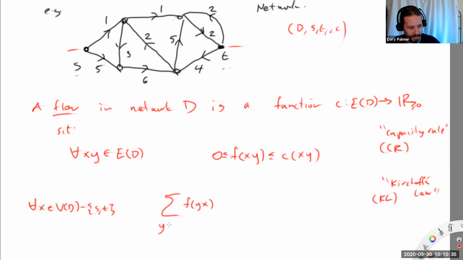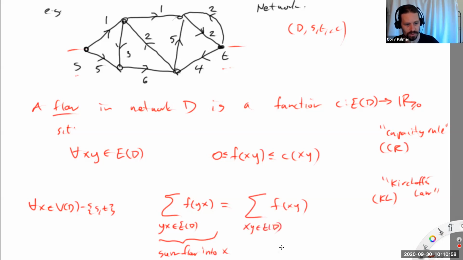And so I sum up over every arc YX, that's an arc. So that's the sum of the flows going into X. So the sum of flow into X should be equal to the sum of the flow going out from X. So that'd be XY, sorry, XY is an arc. Okay, so those two sums should be equal to each other.